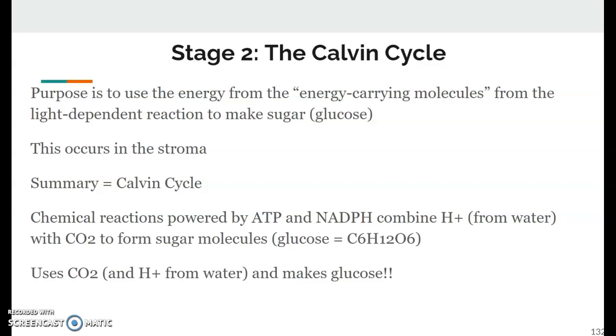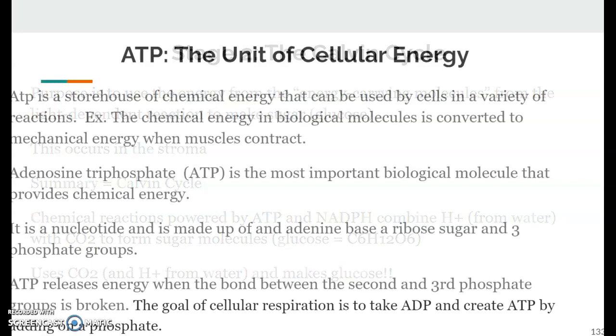Chemical reactions powered by ATP and NADPH combine hydrogen from water with the carbon dioxide from the air that we got from the stomata to form the sugar molecules, which is glucose. All right. So it uses carbon dioxide and it makes glucose and oxygen as a byproduct.